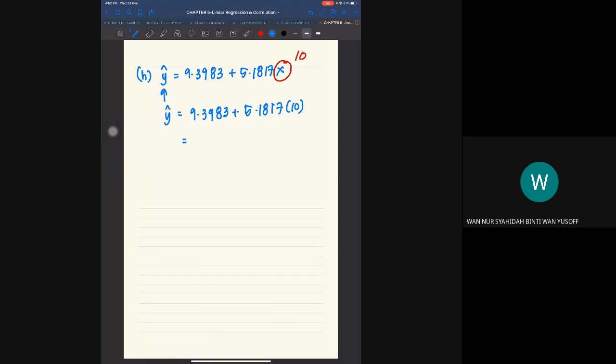Then you will get the value. Don't forget the unit, which is RM, the value, and then million. Okay, tak ada unit, salah lah.